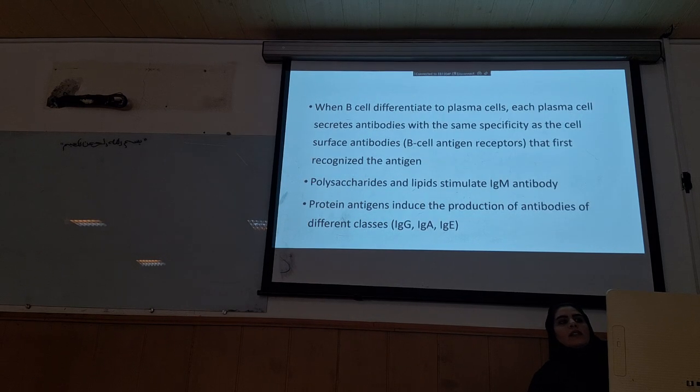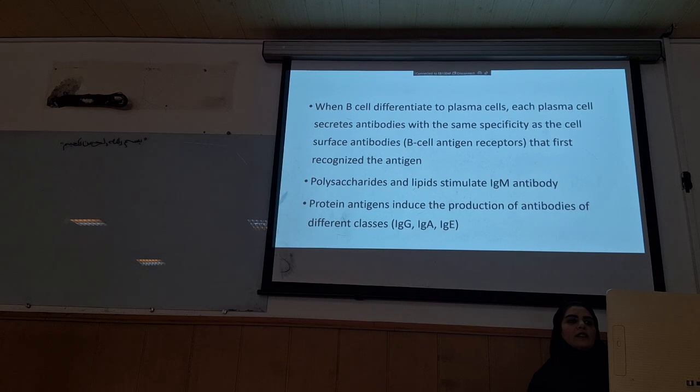When B cells differentiate to plasma cells, each plasma cell secretes antibody with the same specificity as the cell surface antibody, the B cell receptor, that first recognized the antigen. Polysaccharide and lipid stimulate IgM antibody.